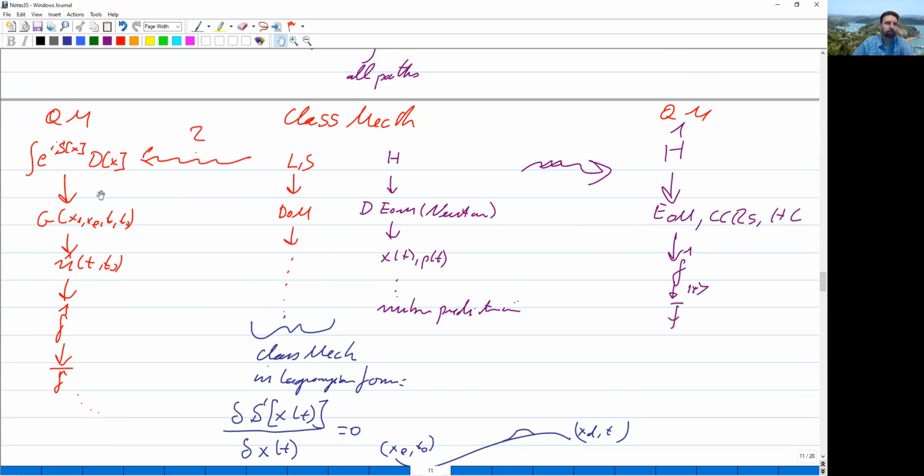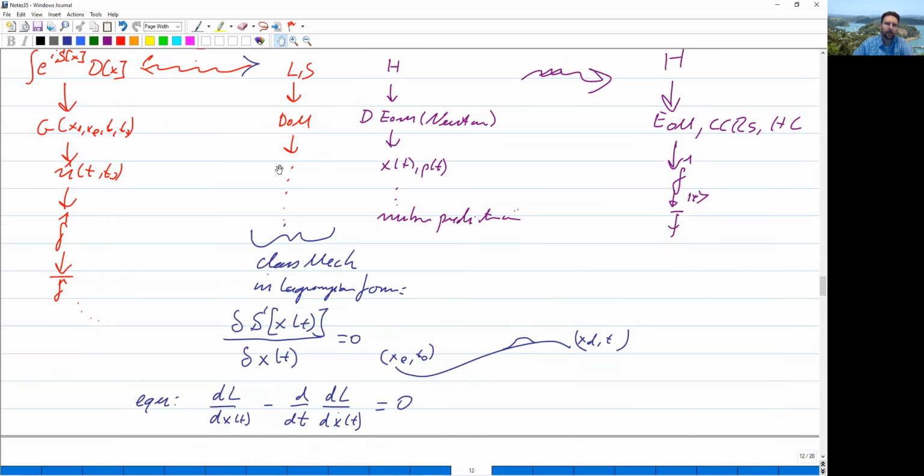So what we see here is that quantum mechanics, in the form of Feynman's path integral, explains why classical mechanics can be expressed as the theory of paths with critical actions.